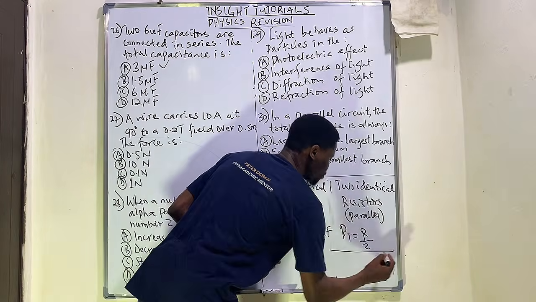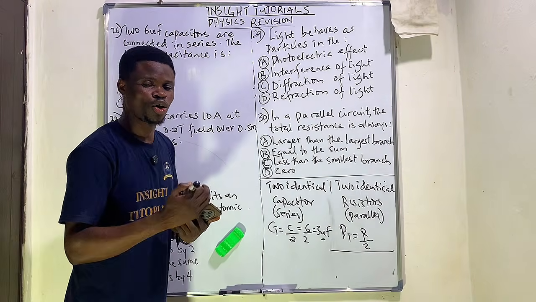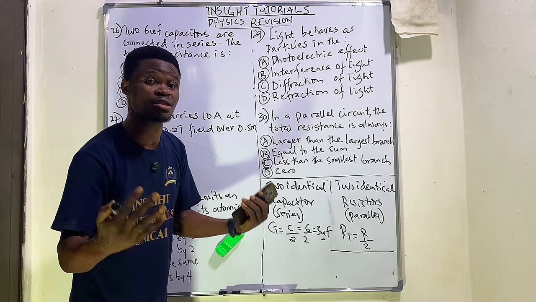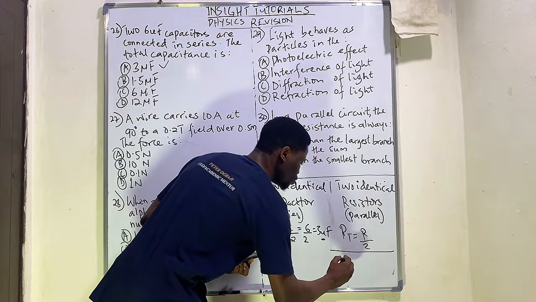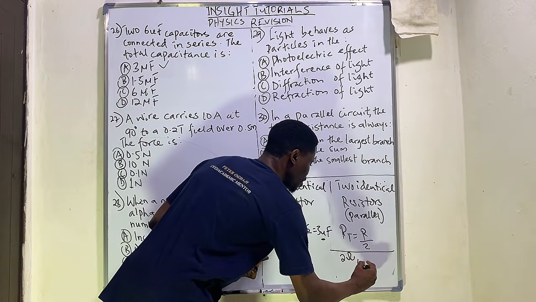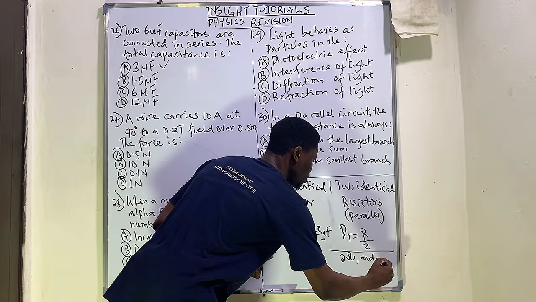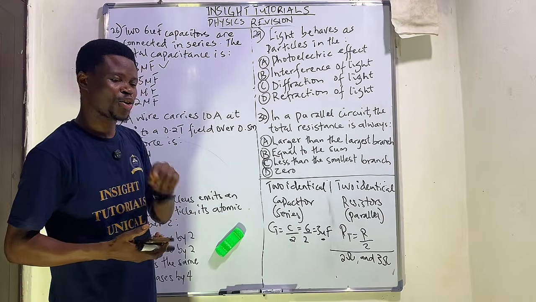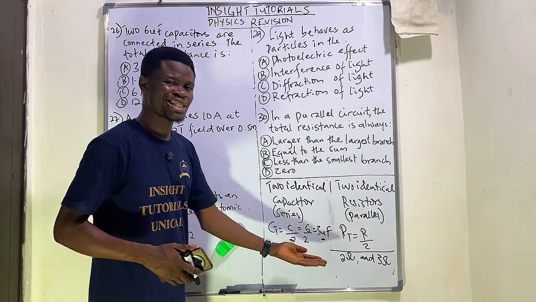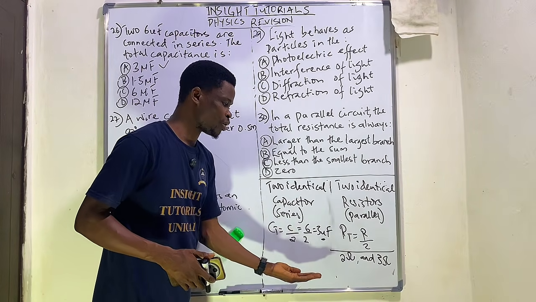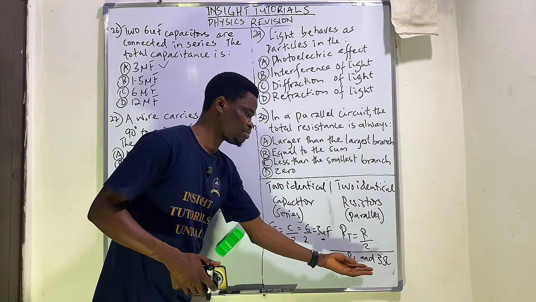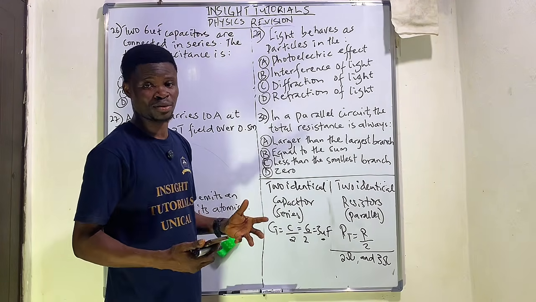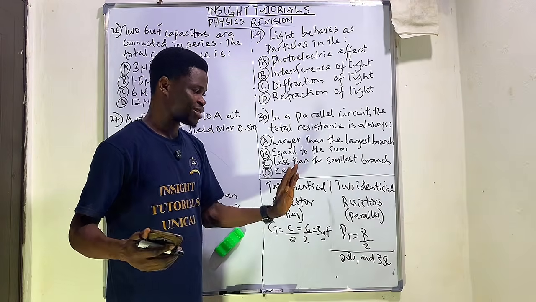For resistors, if resistors are connected in series, and let me say they are dissimilar. Let's assume we have 2 ohms and 3 ohms. If they are connected in series, you simply what? Add this plus this. That's how you get the total resistance. That's how you do it.